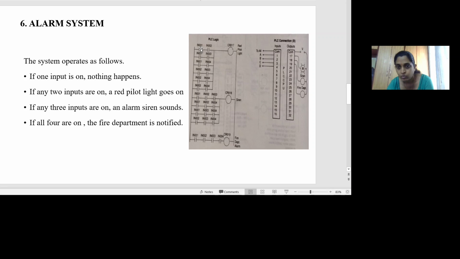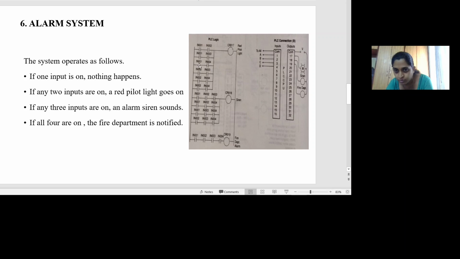So here 1 and 2, that is input A and input B, may be on, and your red light goes on. And in another combination, input 1 and input 3, that is input A and C, may be on. Even in that case, the red light is turned on.